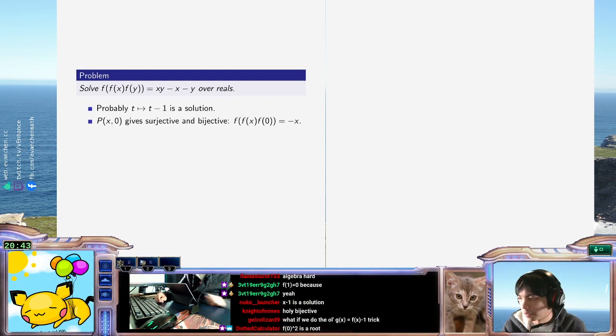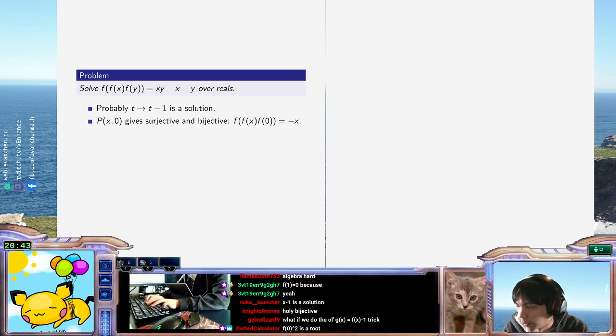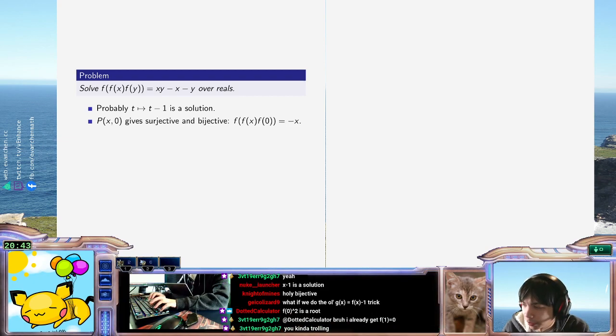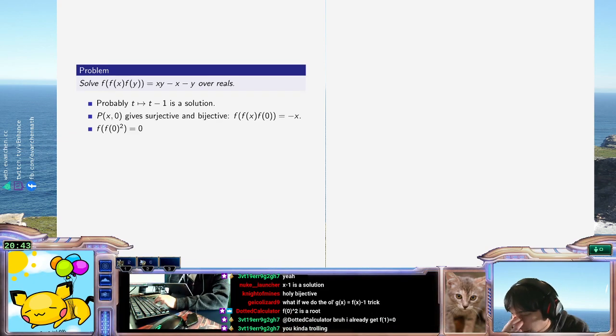Okay, anyways, continuing on. Right, so also I can get the expression equal to 0. For example, f(0) squared is equal to 0, but there are other pairs of numbers for which, when is xy minus x minus y equal to 0?